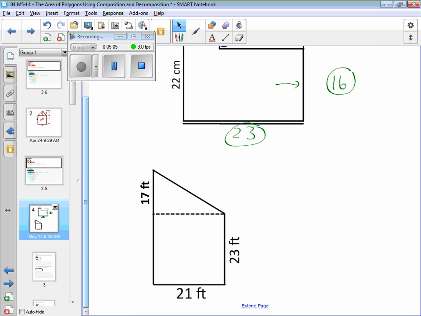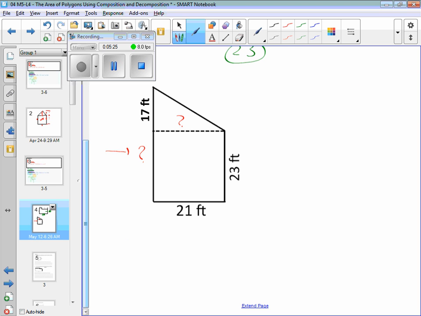Let's do this. I need to know this and this. Lucas Longo, do that one first. That one? Yes. And look, bud, I just need to know from here to here. 23, opposite sides of a rectangle are equal.